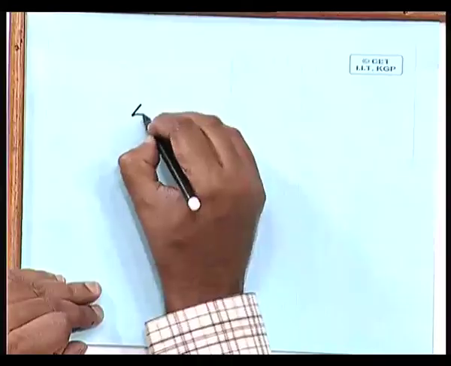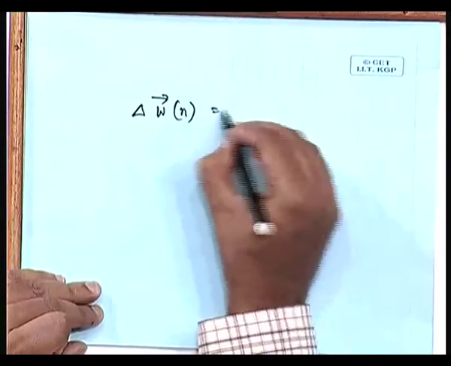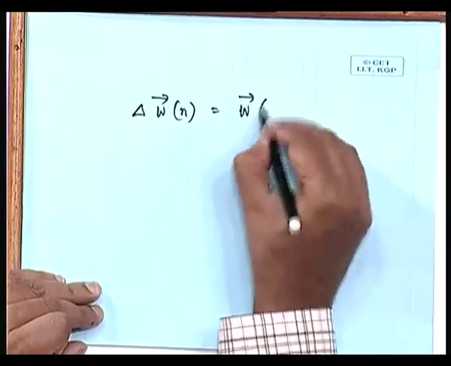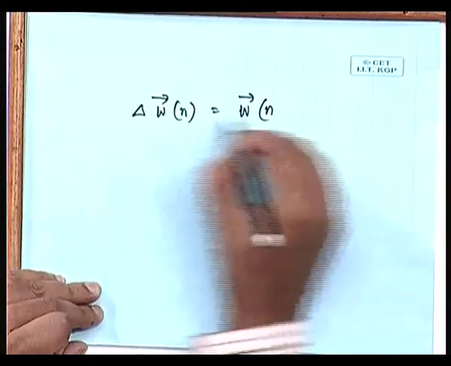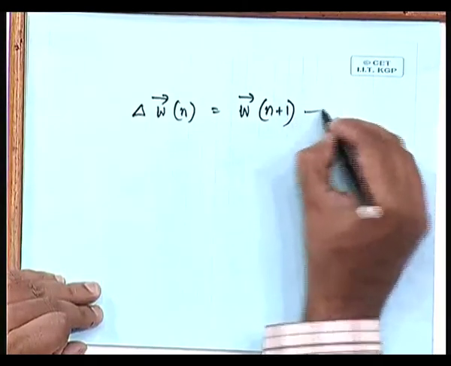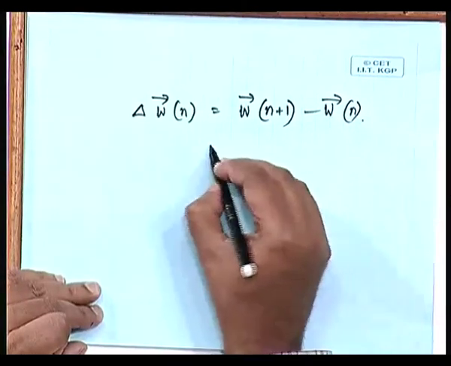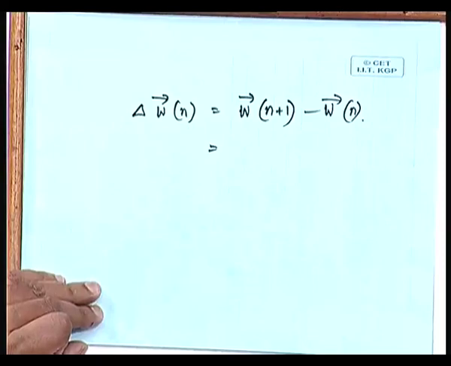Now, the weight correction that we are going to apply on this is delta W n, which can be expressed as the difference of the weight, W n plus 1 minus W n, which is according to this equation.